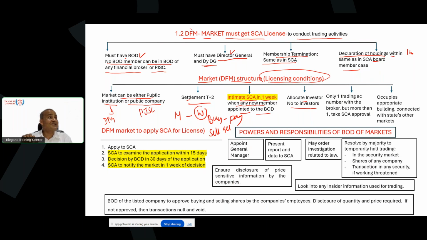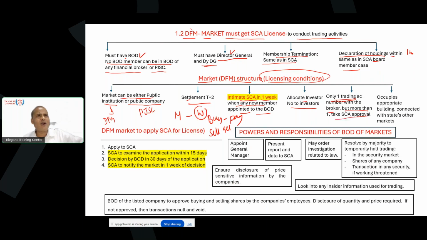Allocate investor number to investors. So you want to buy some stock, you need an investor number, and the investor number comes from the market. Clear? Next, only one trading account with the broker, but more than one with SCA approval. Means what?